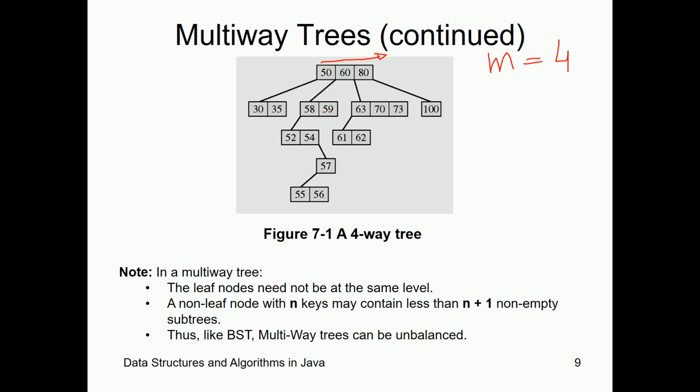Don't get too much into this differentiating things, it might be confusing, because now there's a lot of numbers that can become a little bit confusing. A non-leaf with n keys may contain less than n plus 1 non-empty subtrees. Well, anyways, we'll go into that at some point, but for now let's just get used to understanding how these are working.